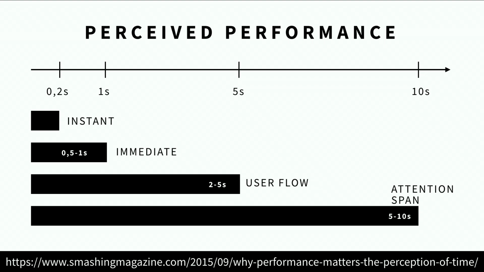Something below 5 seconds is something that the user is kind of okay with. It's a flow of working with images, working with the web. So they have a little bit of tolerance to that. Here's a little bit more information about it.